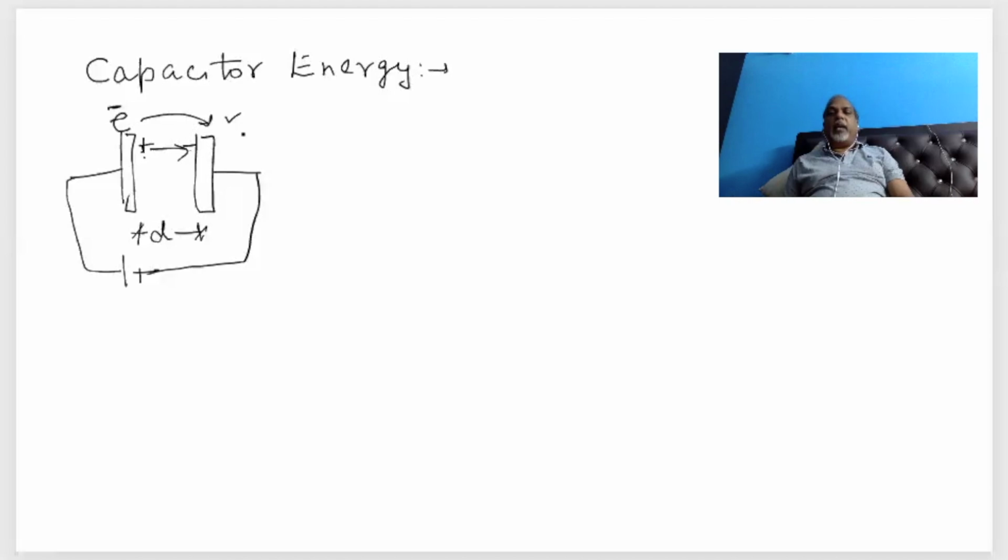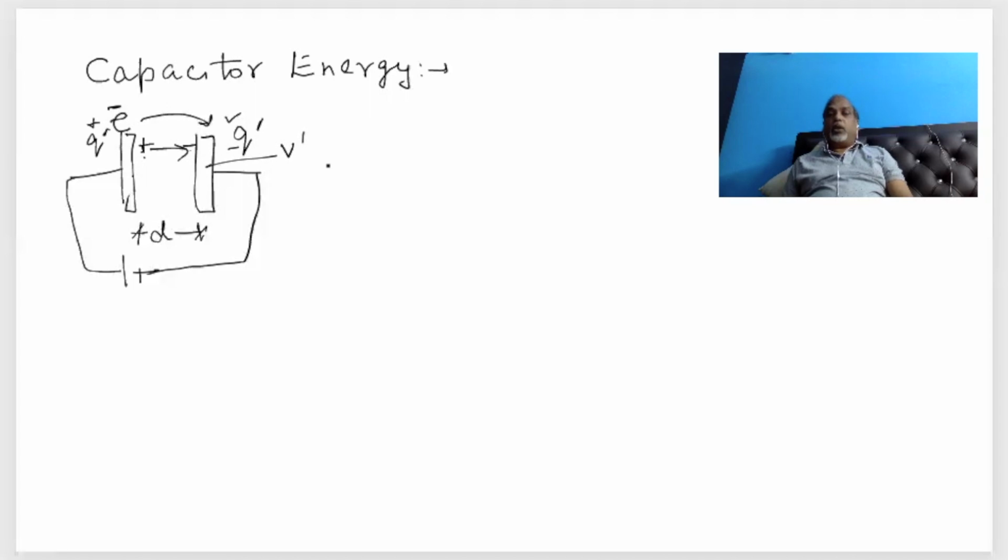Suppose at any time this capacitor is charged with plus Q dash and minus Q dash charge, and at that time its potential is V dash, means the difference of potential between this place and this place is V dash.